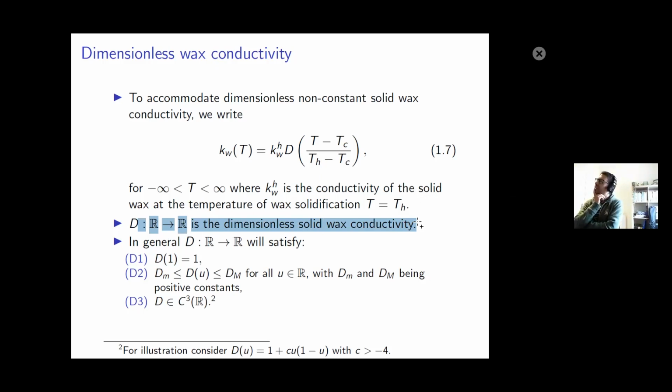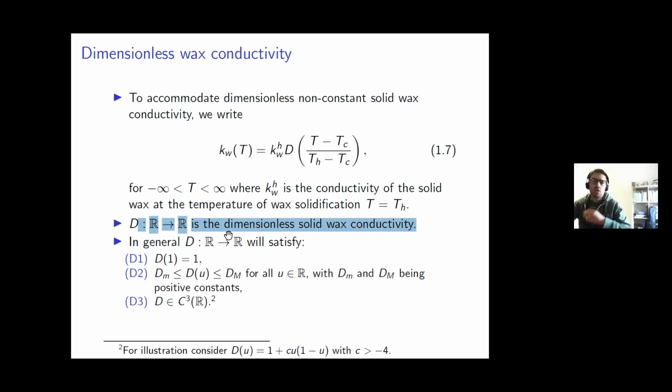Why we choose D is perhaps slightly counterintuitive, but we use D to denote this variable because the heat equation is also known as the diffusion equation, and this nonlinear term would usually be referred to as a diffusion coefficient, or the diffusivity. So it's the heat diffusivity in this case. That's why we're calling this function D, because it's to do with the diffusion of heat.